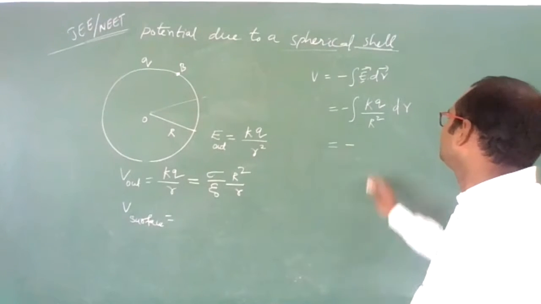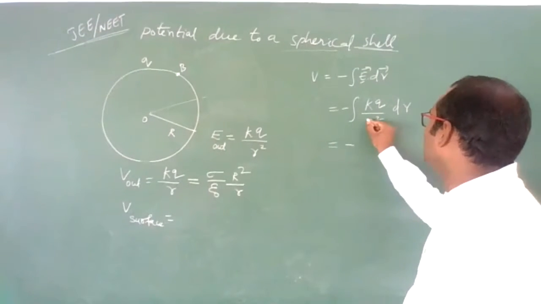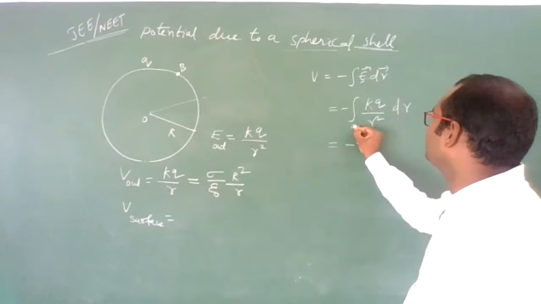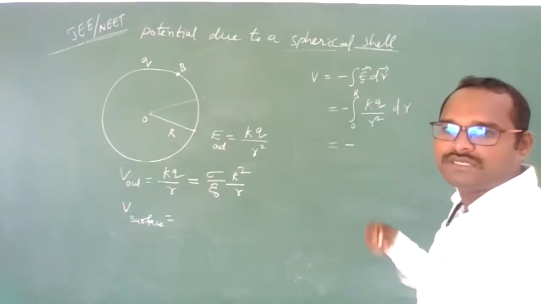You consider small r from 0 to capital R as the limits.